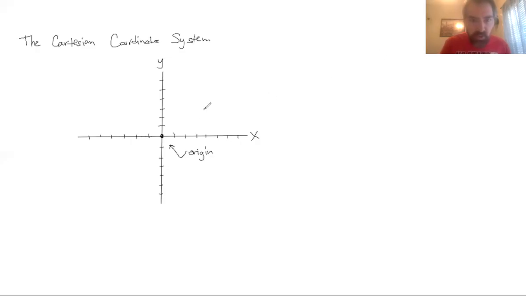A point on the Cartesian coordinate system is an ordered pair consisting of two numbers, the first number being the x value and the second number being the y value. So for this point here, we can label this by the number of units away this point is from the origin along the x-axis, and we can count 1, 2, 3, 4.